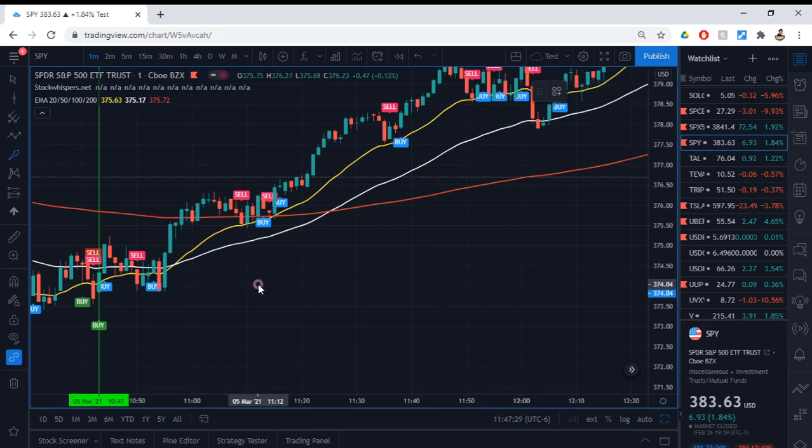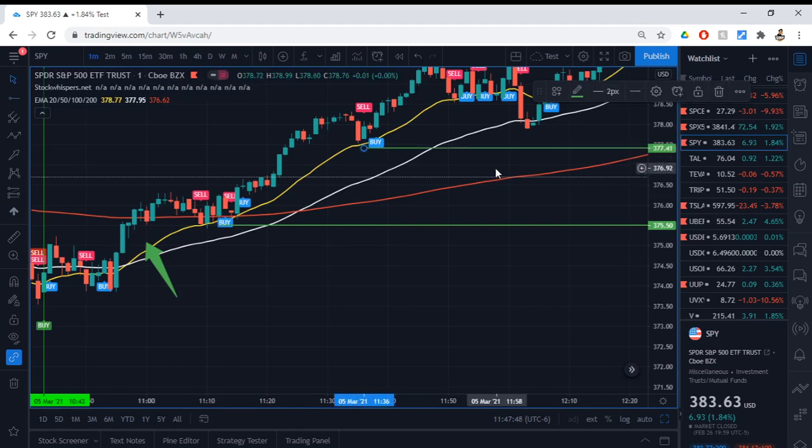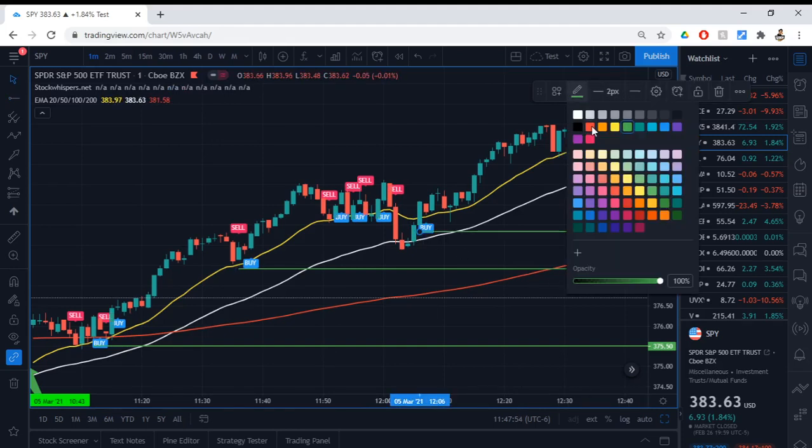We alerted you right here. This is where you got the alert. And you're going to take these buy points on the very aggressive if you like the very aggressive more, right? You would have taken this one, stop loss under there, buy, stop loss under here.